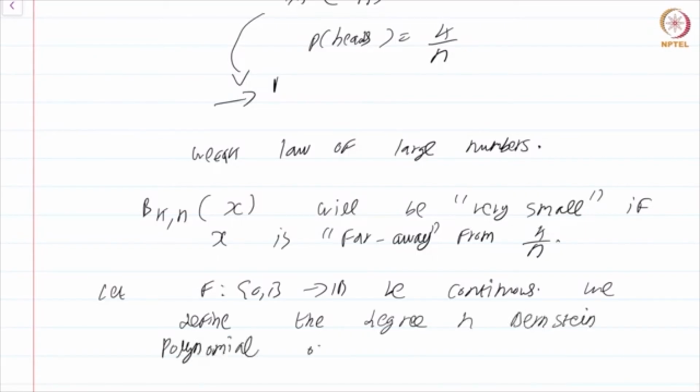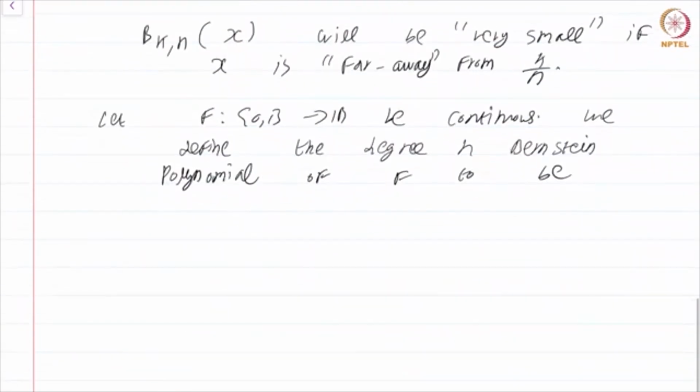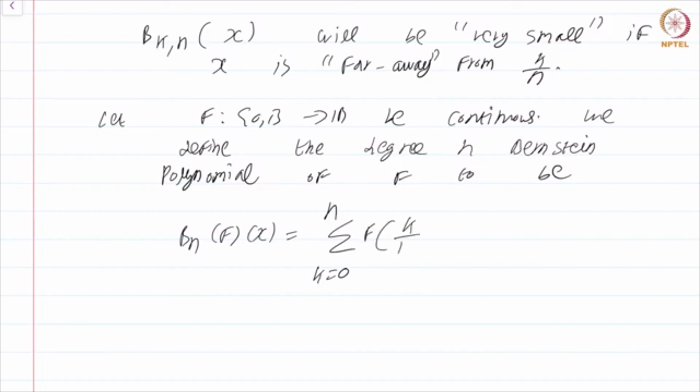The Bernstein polynomial of f, as you can guess, is just going to be B n f of x equals summation k equals 0 to n. So essentially you are going to sum up over all the Bernstein polynomials of degree n. You sample the values of f at k by n and multiply it by b k n of x.